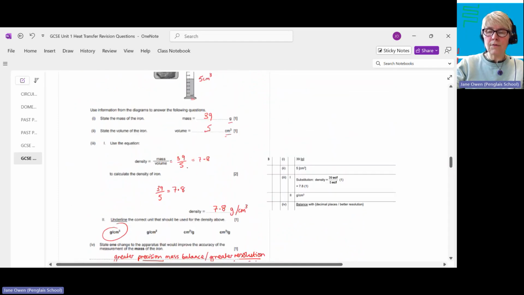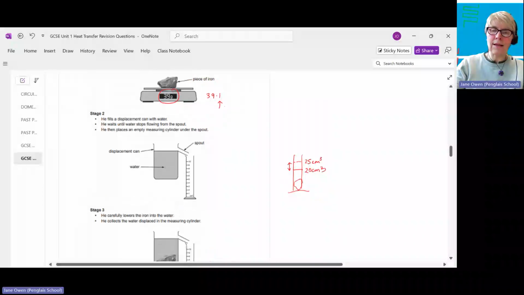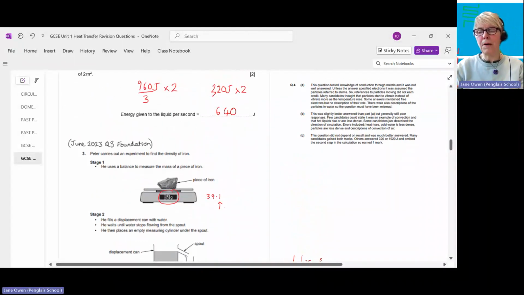So not a lot of calculations in this unit. It's a lot of explanations, looking at density. That's why density is in there, because density is mass divided by volume, and that kind of comes into the convection side of things.